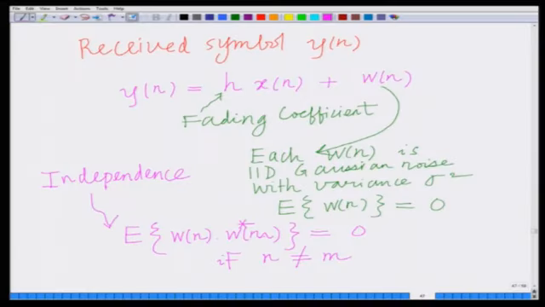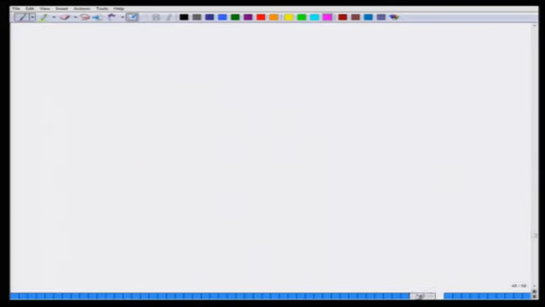So, this is the standard system model that we have. Now, let us substitute our CDMA symbol. We have Yn equals h times xn plus Wn, but xn is equal to A0 times C0 of n.